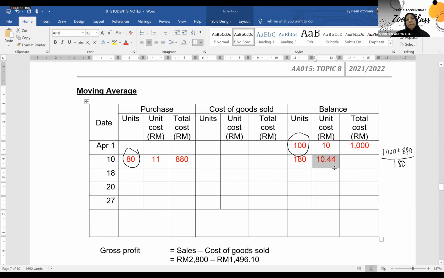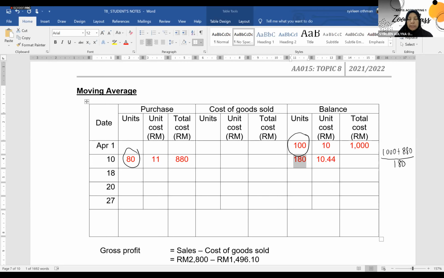So unit cost kamu ialah RM10.44. Mana saya dapat RM10.44? Cost stok lama campur cost stok baru bahagi bilangan unit terkini. Okay. So you have 1880 divide by 180. That gives you, tengok kalkulator dia akan jadi panjang kat belakang tu kan. Janganlah lurus bendul sangat sebab kita duit. Jadi sen kita 2 tempat perpuluhan saja.